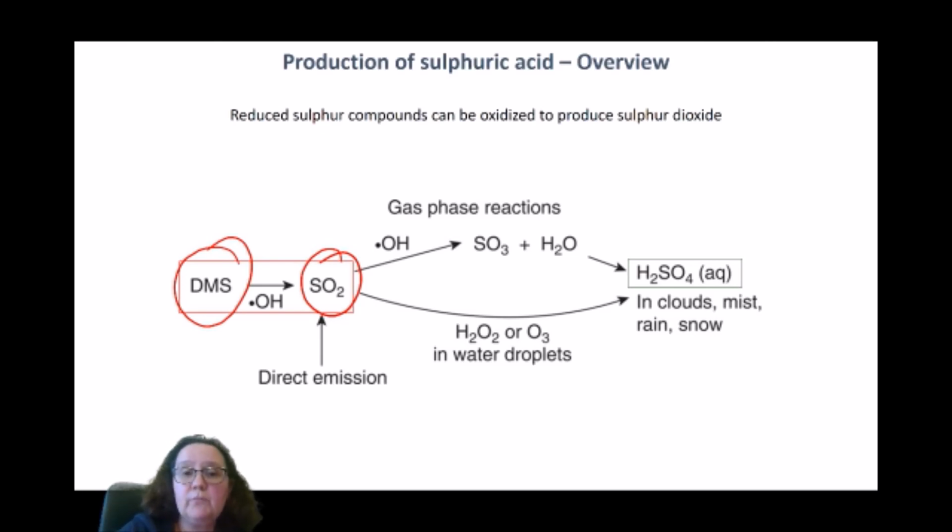With the help of the hydroxyl radical, and with the help of the peroxide radical or ozone, they form sulfuric acid, which then can interact with water molecules and form clouds, mist, rain, or even snow, sleet, etc.